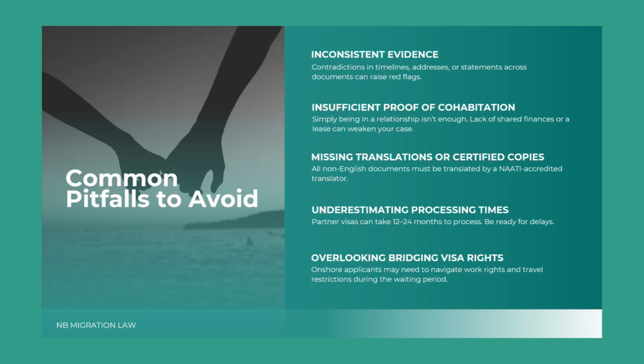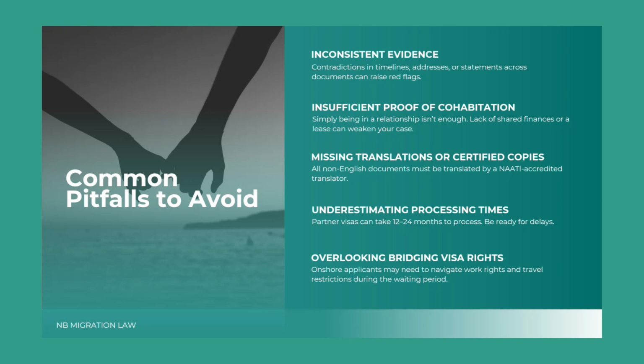Now, the processing times. If you go to the department's website, you're going to see that the processing time for the partner visa might take a year or 2 years, right? 90% of applications are processed in 2 years or maybe more. But it depends on the application, right? If the application is less complicated, it might be granted within a year.